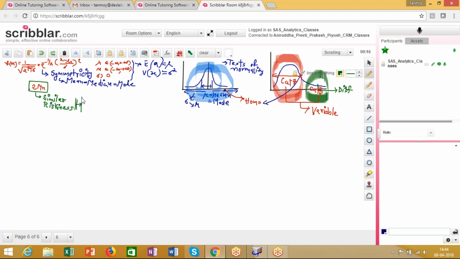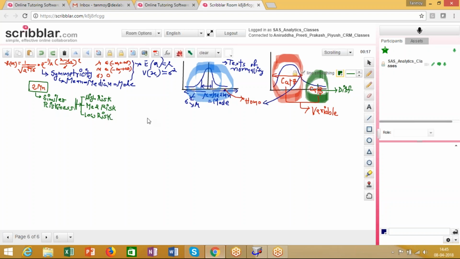Say there is one group which is high risk, then the medium risk, and there is low risk.